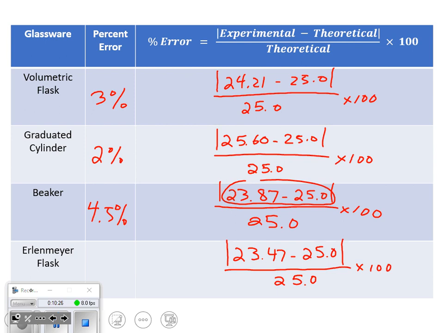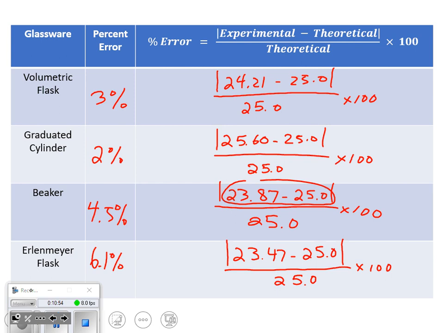When I do my math, the top part's going to give me a 1.53, so I'm going to have two sig figs here, a 1.5. So I come up here with 6.1%.